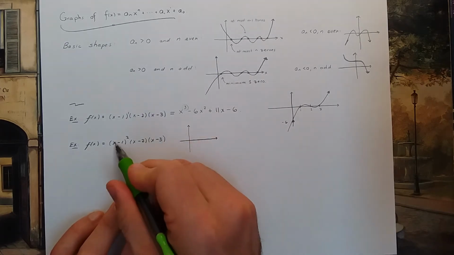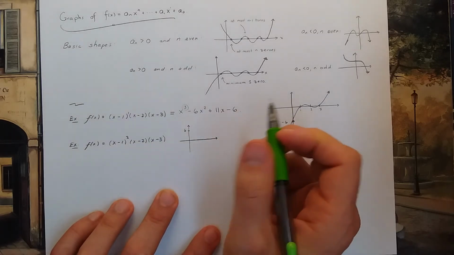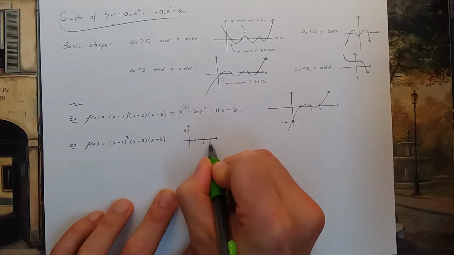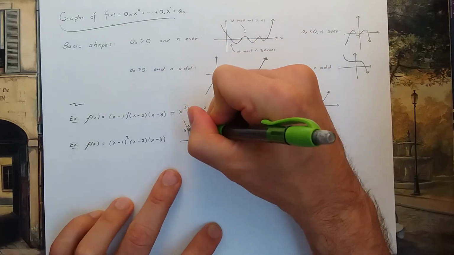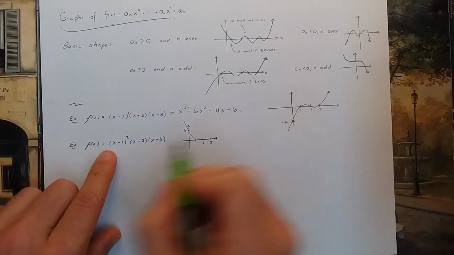In this case, if I plug in x equals 0, I get positive 6. The zeros are still at the locations 1, 2, and 3. So the function is going to come down. The first zero is at 1, but notice what happens.